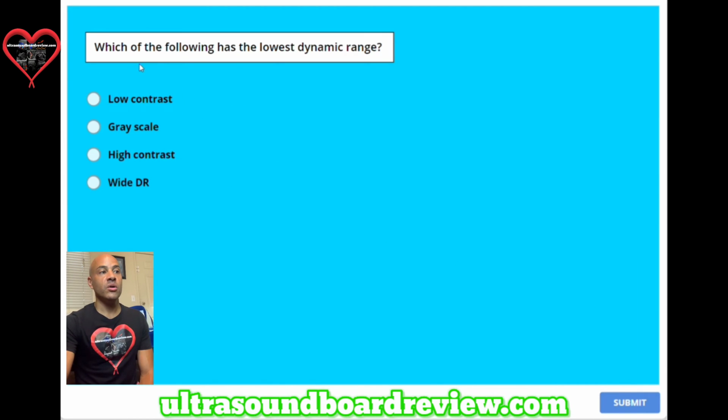Question 33. Which of the following has the lowest dynamic range? A, low contrast, B, grayscale, C, high contrast, or D, wide dynamic range?